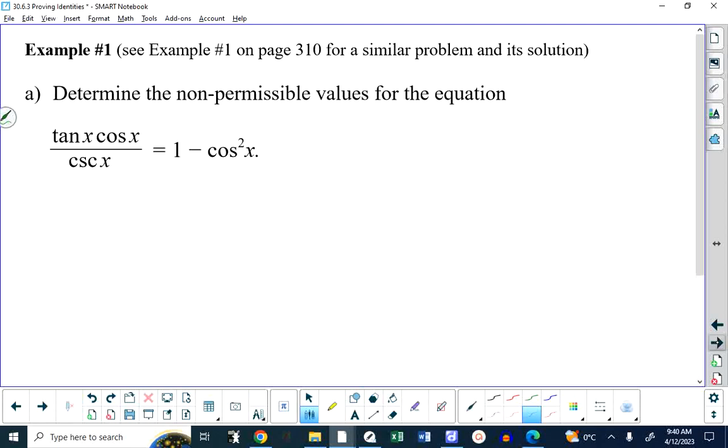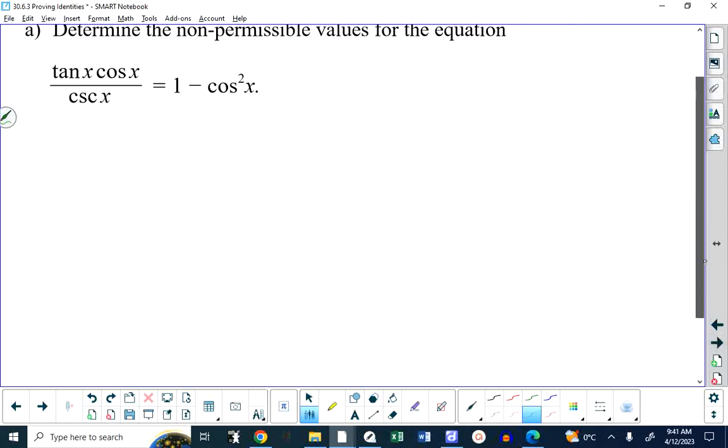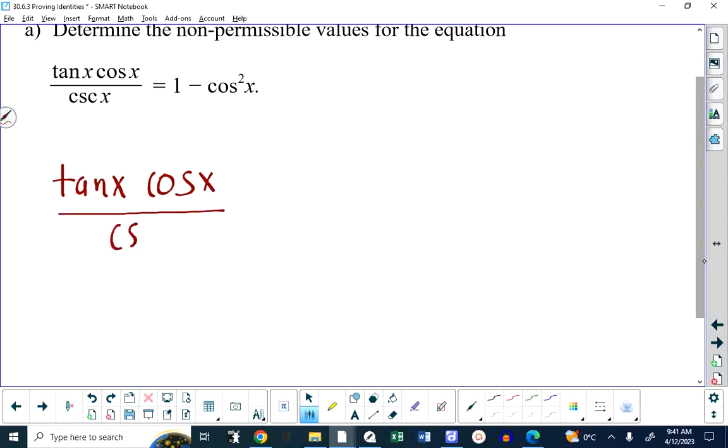And I would always recommend rewriting things a little bit larger. In other words, if you have a written response question and you're asked to do something with an equation, rewrite the equation and then get down to the work.